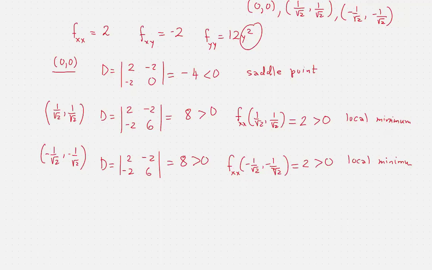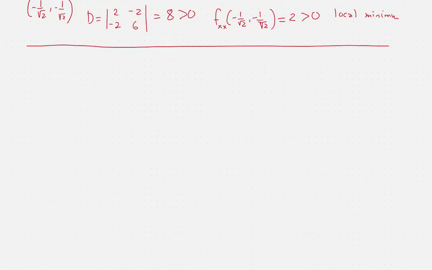We have: find the minimum and the maximum of f(x,y) equal to x squared plus 2x minus 2y on a region.